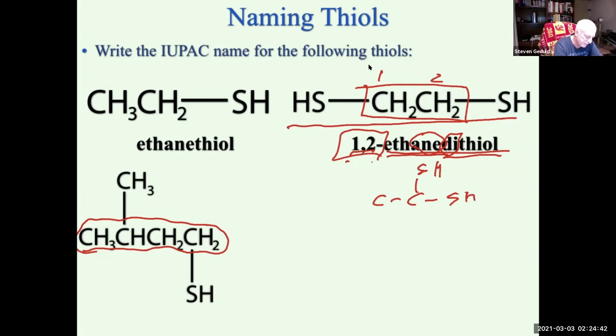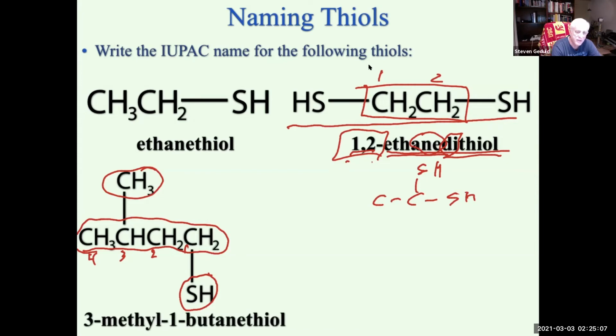So 1, 2, 3, 4. So 4 carbons is butane, all single bonds. At the number 1 position, we have a thiol group. At the number 3 position, we have a methyl group. So 3-methyl-1-butane thiol.